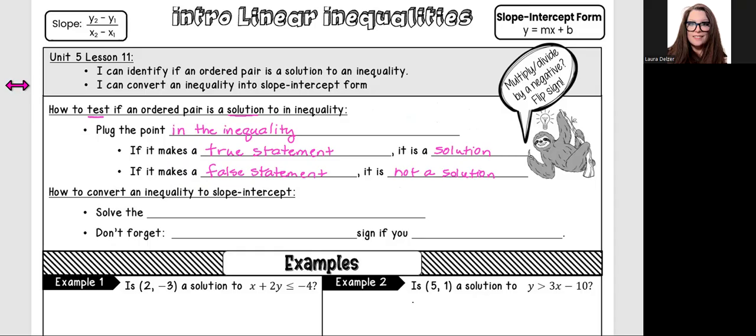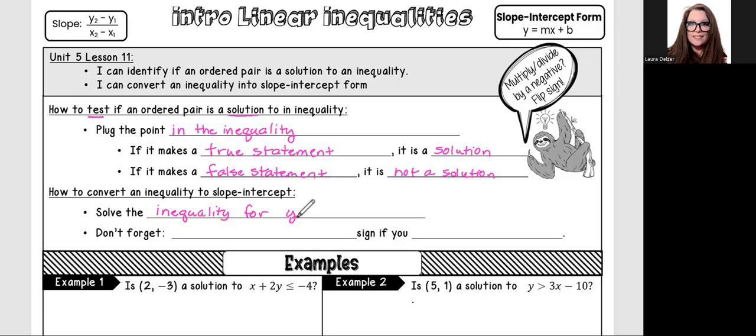Let's fill out the second part here. It says how to convert an inequality to slope-intercept form. You're going to solve the inequality for y, just like how you've been converting between the different linear equations before now.